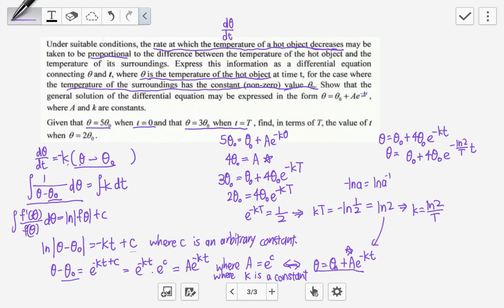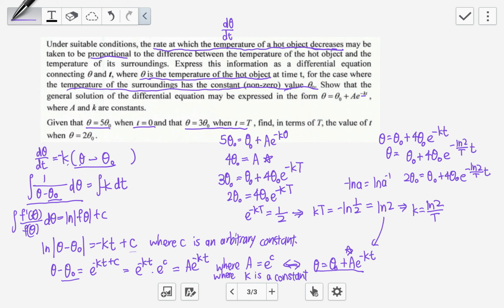Okay, and then we want to find the value of t when theta equals 2 theta naught. I want to know what is my t.